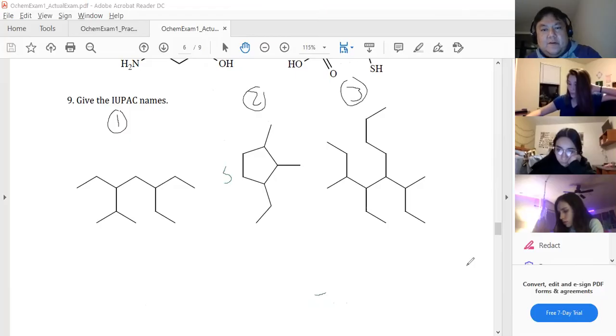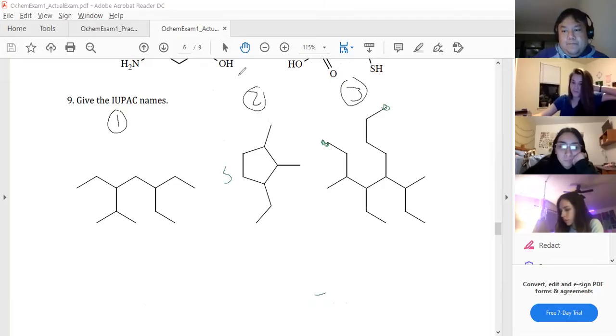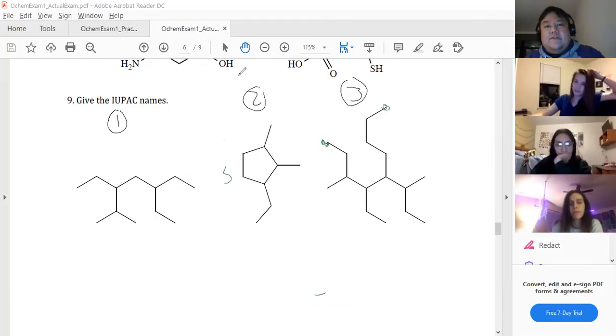So from here to here. That's my longest chain. If you're ever unsure and you have time in an exam, make the most of your time. This is why I also recommend that people use colored pencils. It's one of my recommendations.